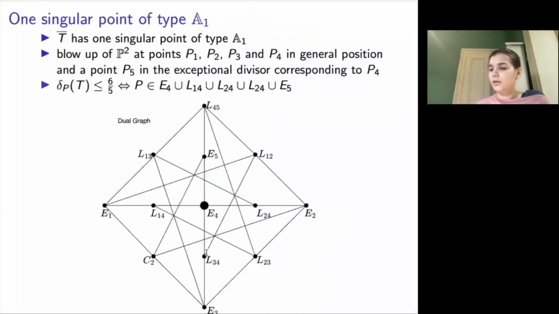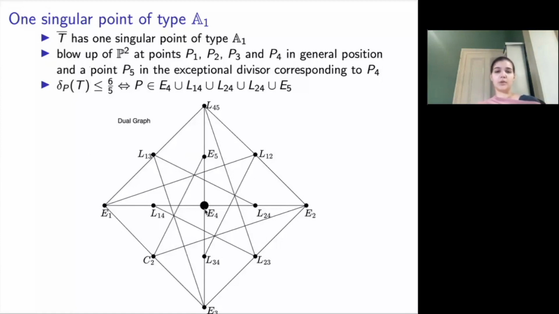Let's see how it works, for example, for one singular point of type A1. So we get it as the blow up of P2 at four points. And after that, we know how the dual graph of negative curves looks like.